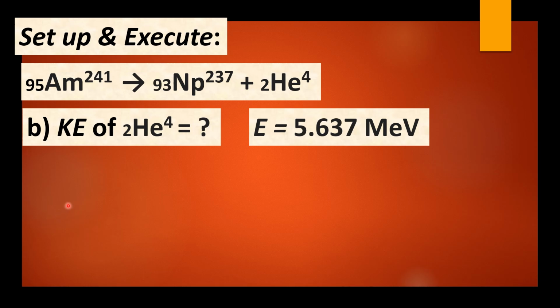For question letter B, finding the kinetic energy of the emitted alpha particle, we take note that the total energy released, which is equal to 5.637 million electron volts, becomes the total kinetic energy of the neptunium nucleus and the alpha particle.